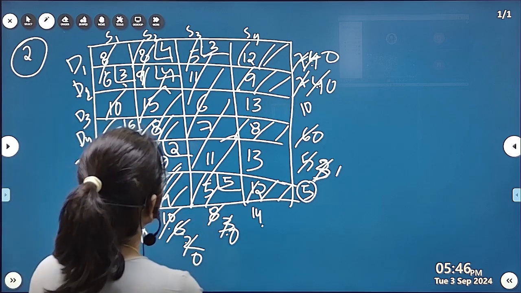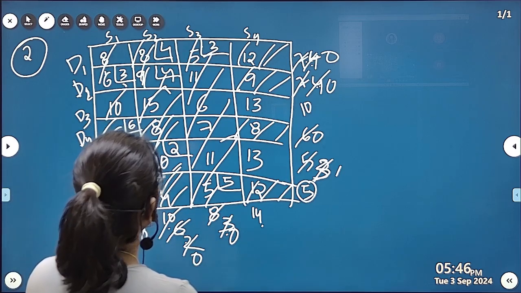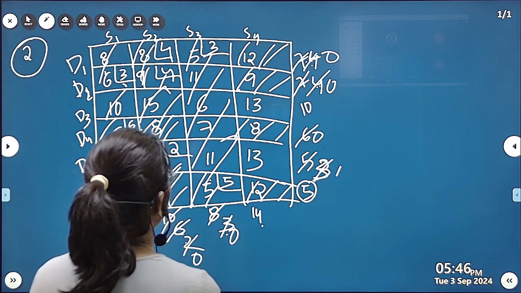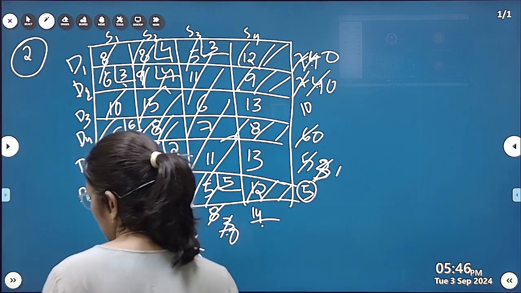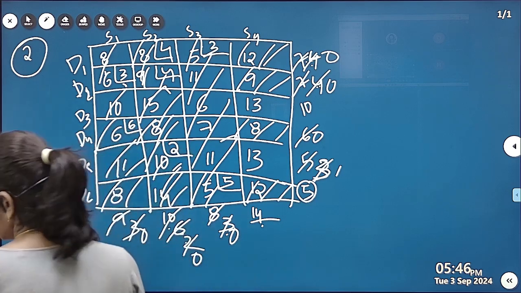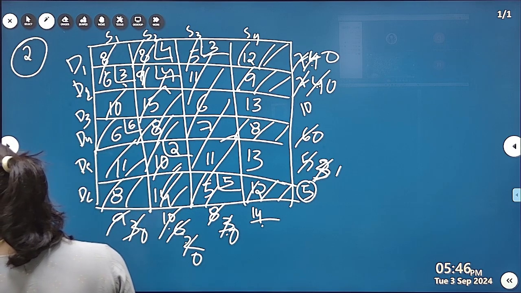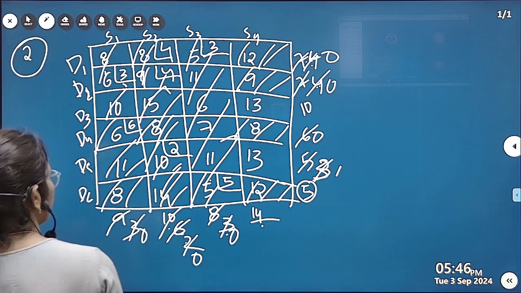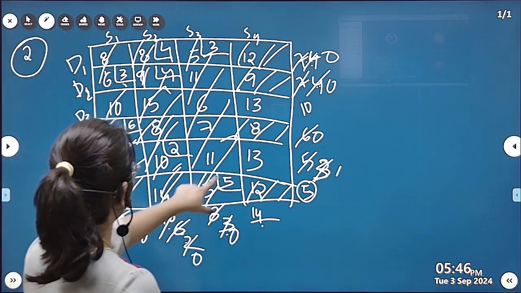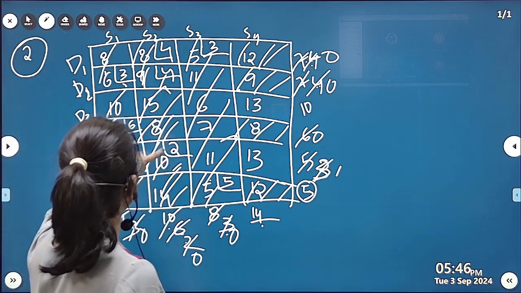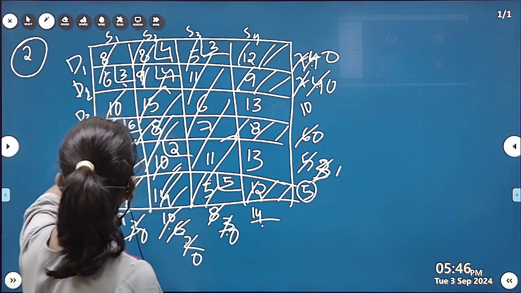Somewhere we have missed. Ma'am, 13 unit is right. But here we have 14 units. Here 5, 3, 8, 10, 4 to 8, 10, 6 plus 3, 9.